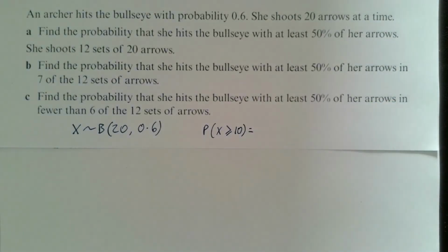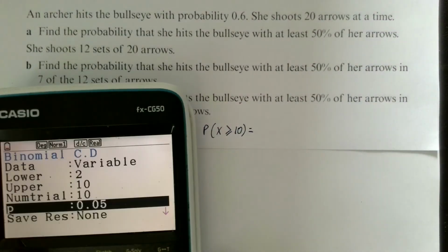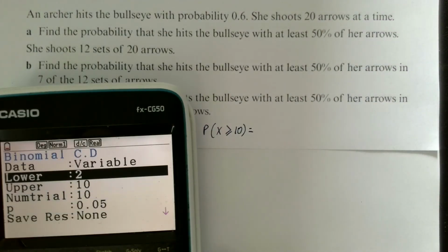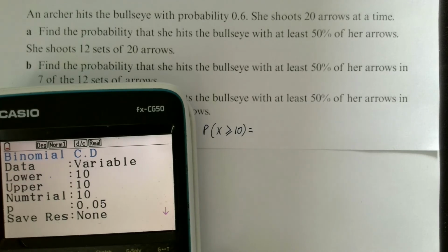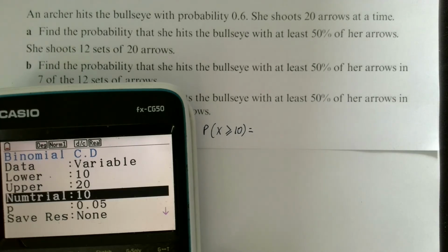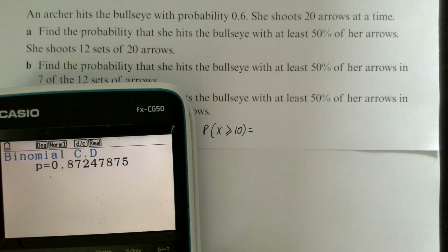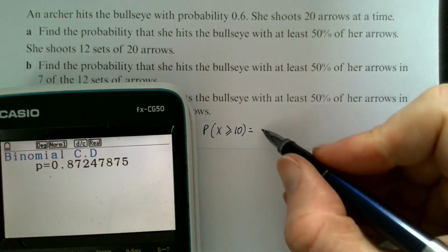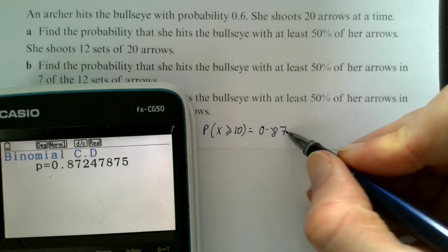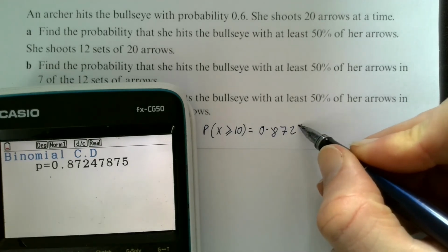And we're going to chuck that into the calculator. So 10 will be the lower, the upper will be 20, and the number of trials is going to be 20, and the probability that she hits the bullseye is 0.6. So that is 0.8725.